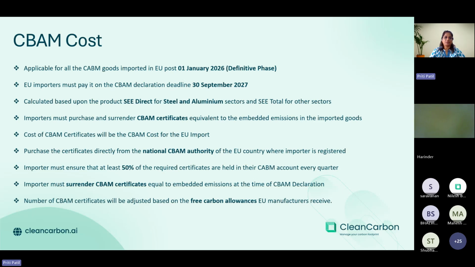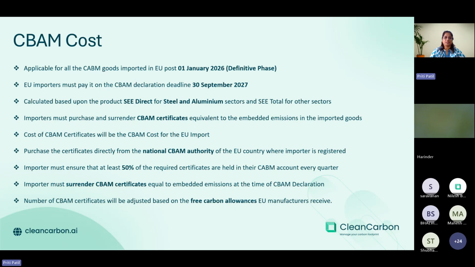The cost of CBAM certificates is actually the CBAM cost for EU import. Importers purchase the certificates directly from the National CBAM Authority of the EU country where the importer is registered.